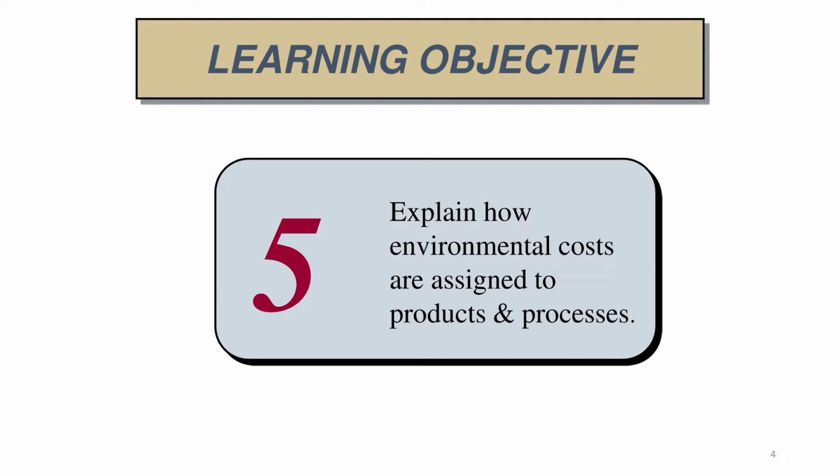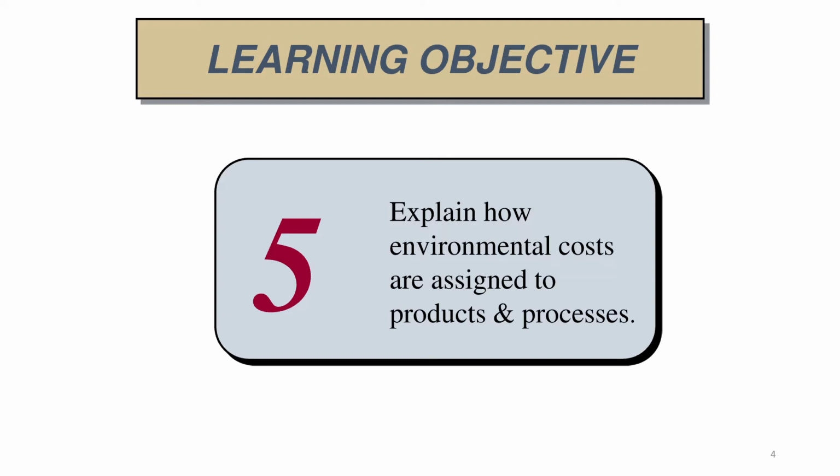Also, how is environmental cost assigned to products and processes? Why is this important? It is really very important, because once you assign environmental cost or environmental activities to products, it provides very useful information for managers.